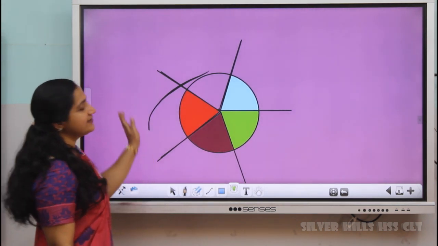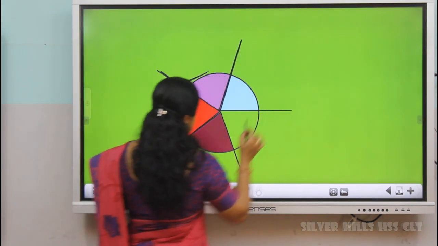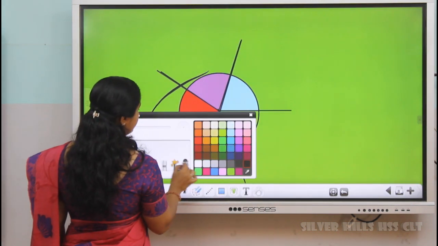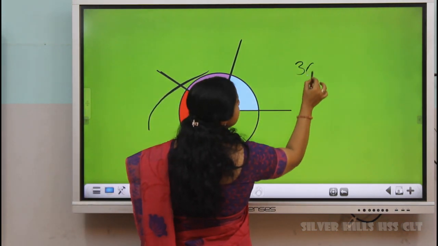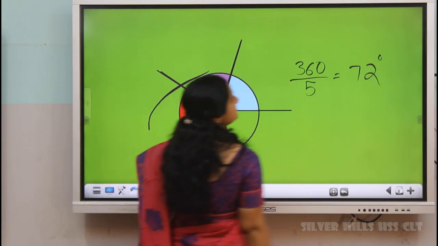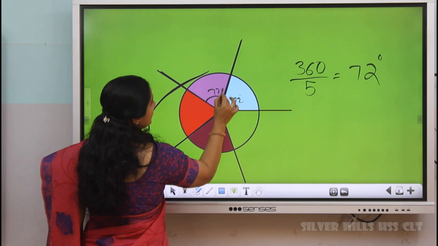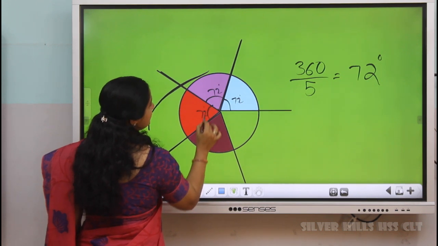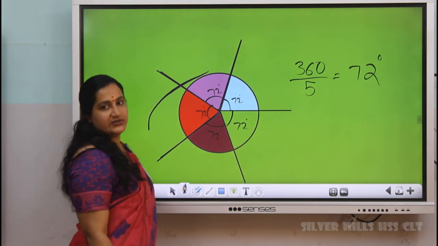We have divided the circle into 5 equal parts. 360 divided by 5 equals 72 degrees. So this is 72. Here you can mark 72, 72, 72, again 72 degrees.